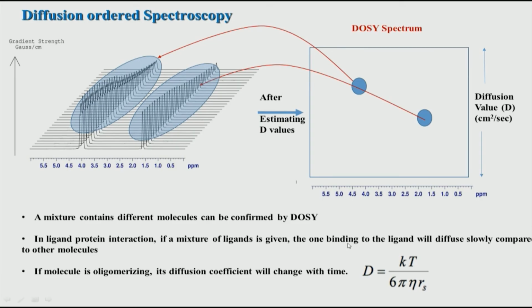Then you can use Dosy, because all the small molecules will have the same diffusion values, but the one which binds to the protein will show slow diffusion, because it is now bound to the protein, and the protein is a large molecule, so it behaves like a big molecule. So, diffusion will be slow, and that ligand will have a slower diffusion, or lesser D value. By that you can find out that that particular ligand is binding to the protein, whereas the other ligands are not binding.